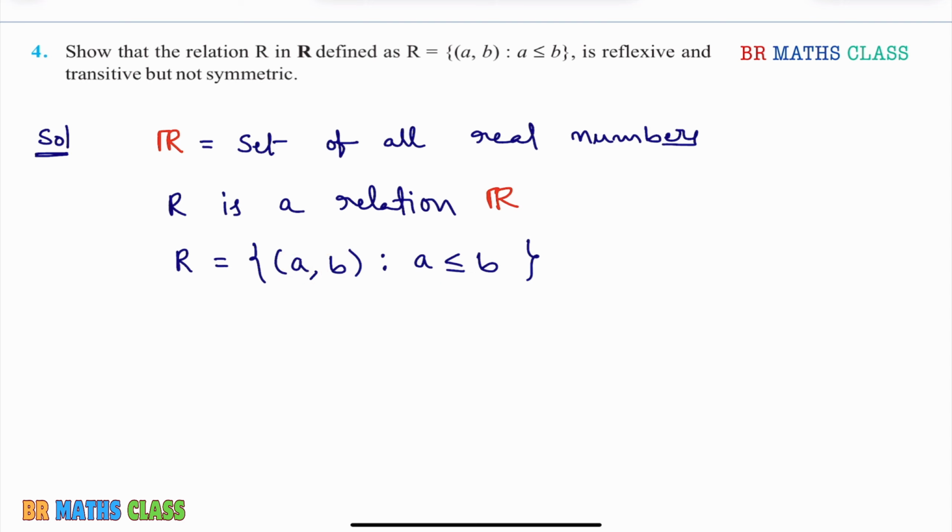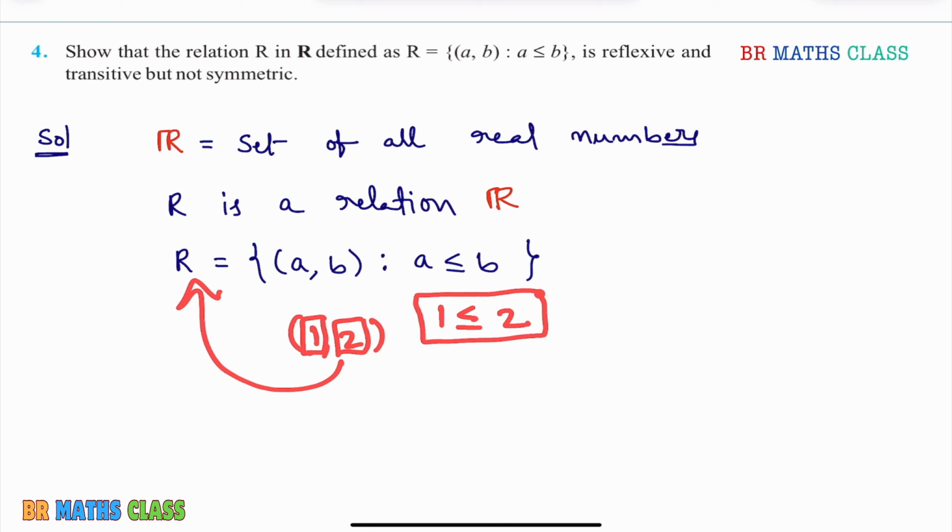For example, if I take (1, 2), is (1, 2) there in this relation? 1 is a real number, 2 is a real number. You check that 1 is less than or equal to 2. Is this true or false? Yes, 1 is less than 2. It is true. As it is true, the ordered pair (1, 2) belongs to this relation.